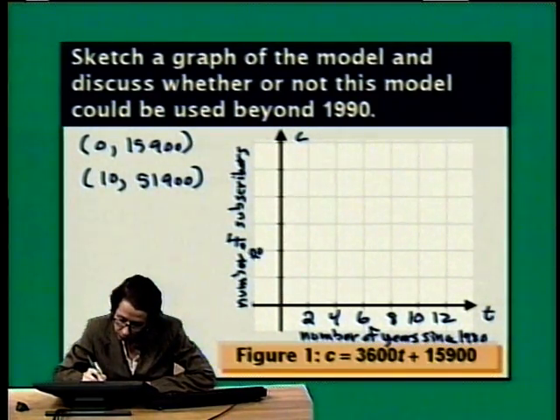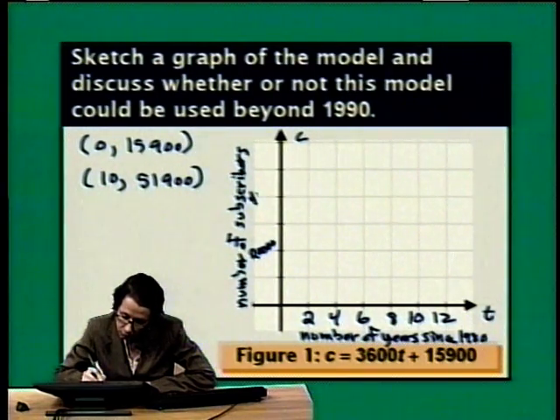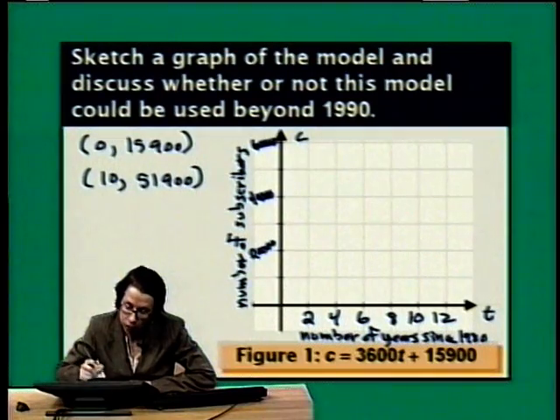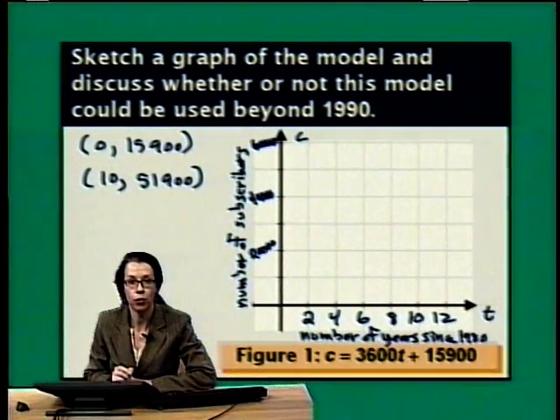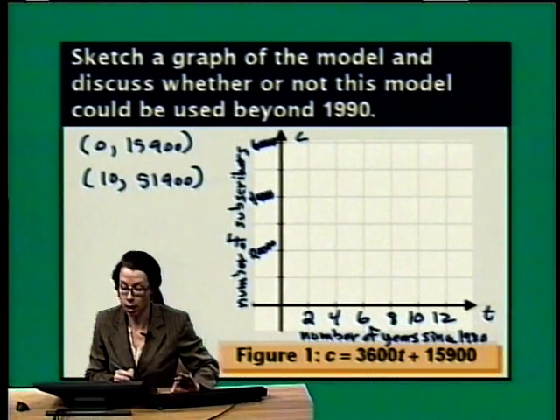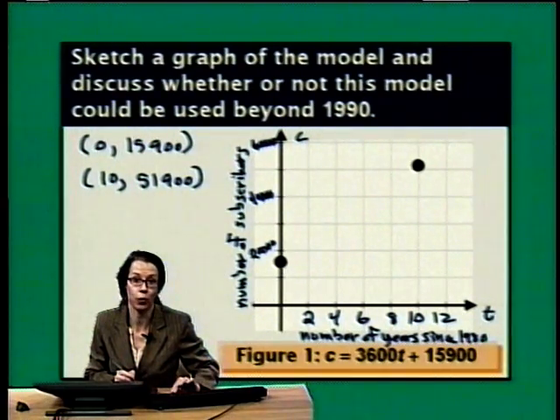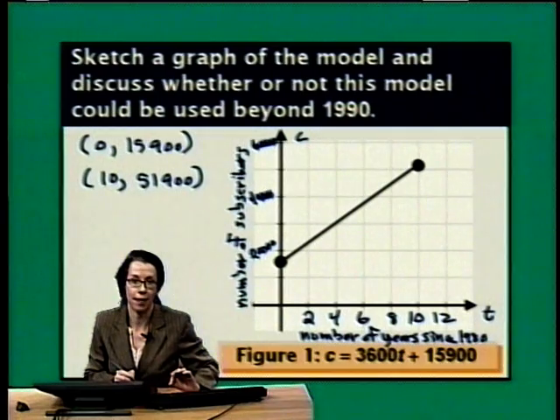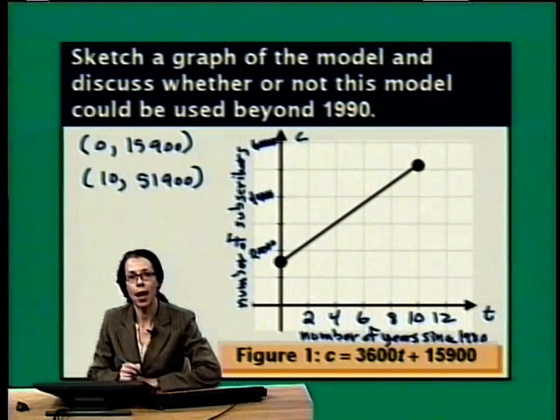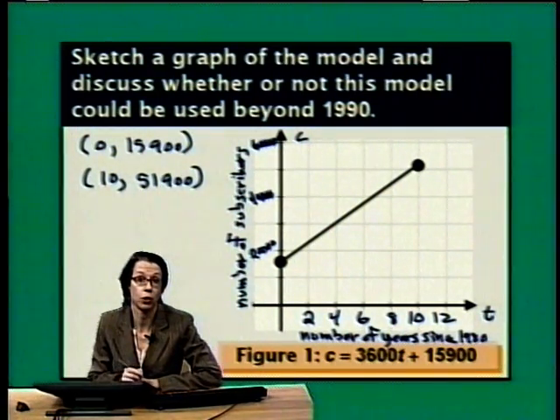So I have 20,000, 40,000, 60,000. This is a rough sketch, so I'm going to plot the 2 points I know and connect them with a line. So the vertical intercept and the point corresponding to (10, 51,900), I'll plot those 2 points and attach a line.